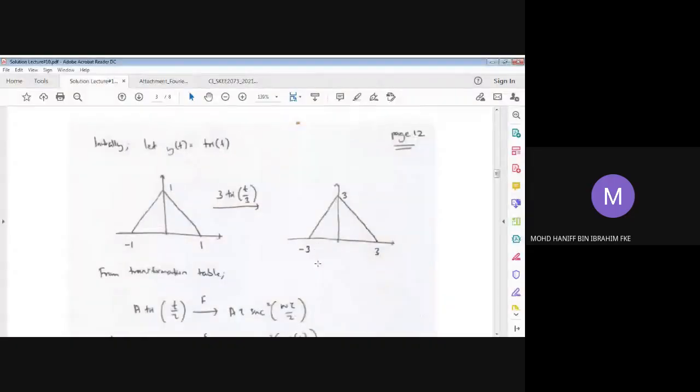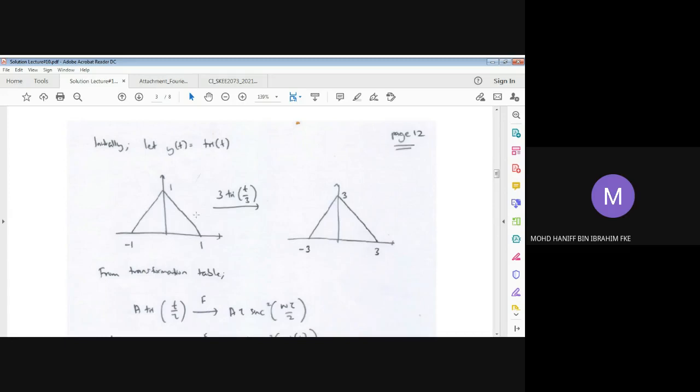Okay, so we are having this triangular function. From our chapter 1 last time, we know that this is the triangular function, triangular t, in which the amplitude is 1 and the duration is from -1 to +1.